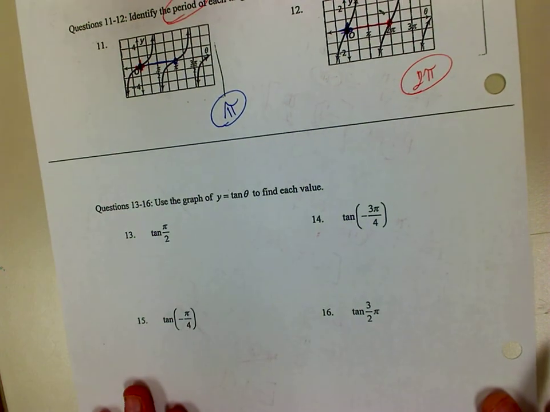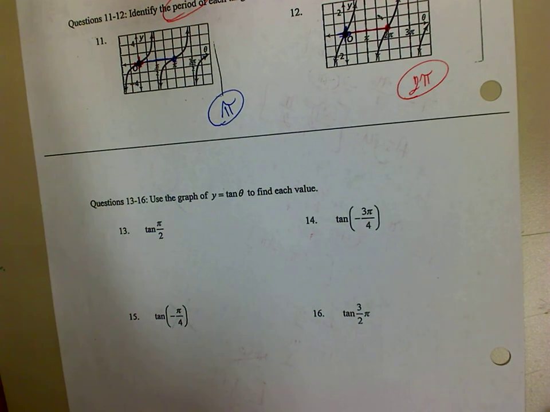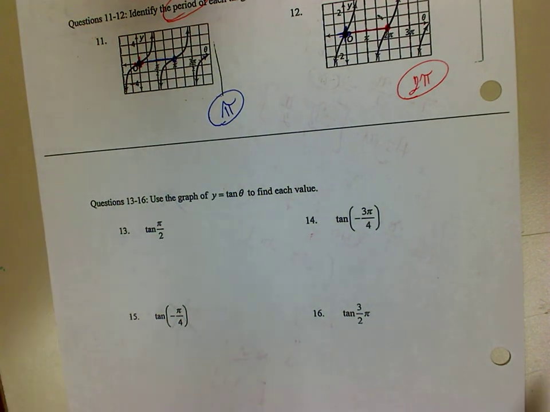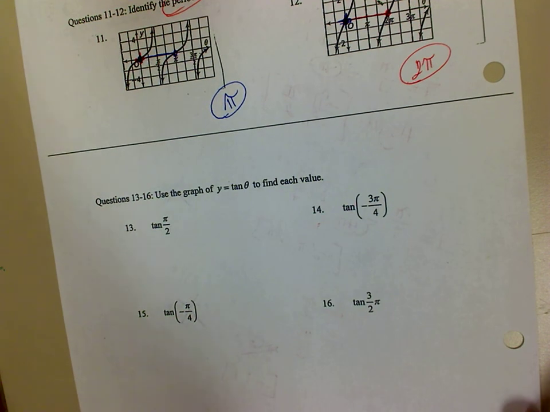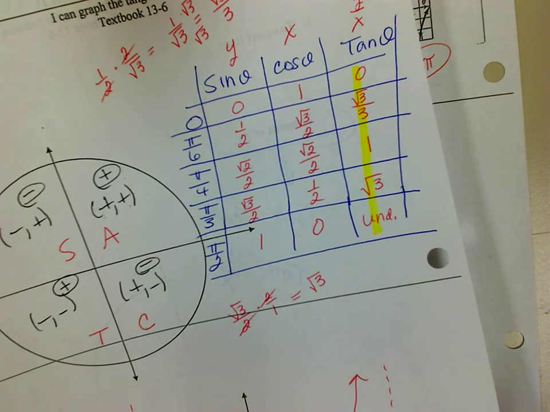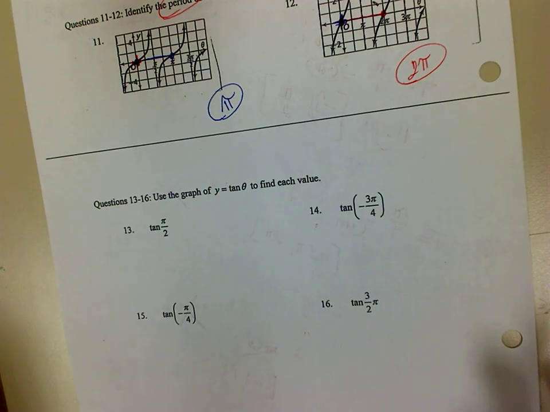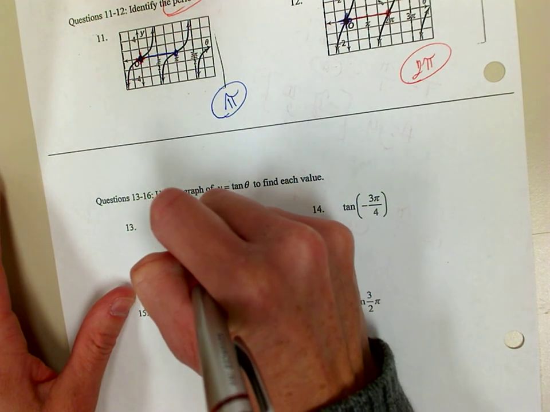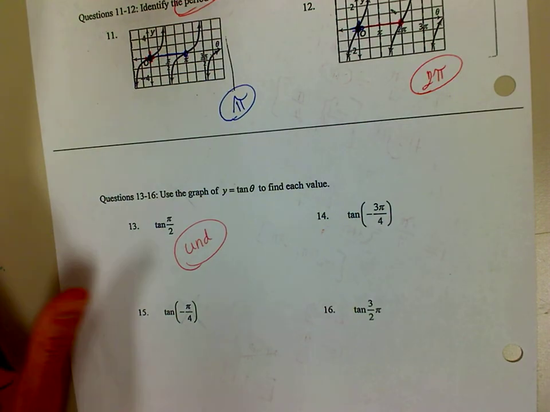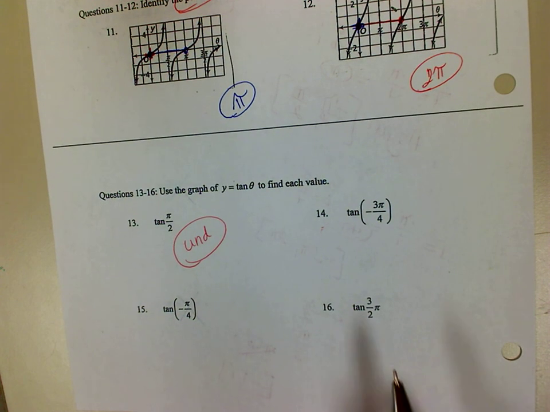All right, and then finally we have this right here. So I need to look at this table to help me figure this out. So pi over 2, here's pi over 2. Tangent's value is undefined. So this answer is undefined. Okay, here's 3 pi over 2.